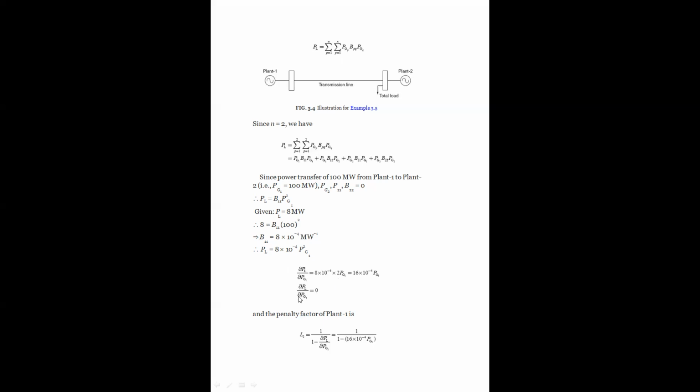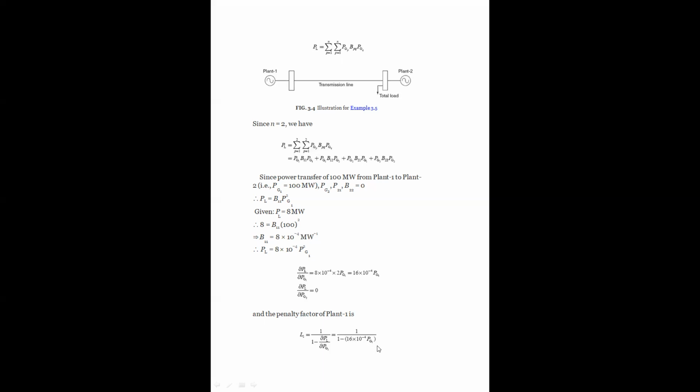And dou PL by dou PG2 is 0, since there is no second power generation. The penalty factor of plant 1 is L1 is equal to 1 by 1 minus dou PL by dou PG1, which is 1 by 1 minus 16 into 10 to the power of minus 4 PG1.